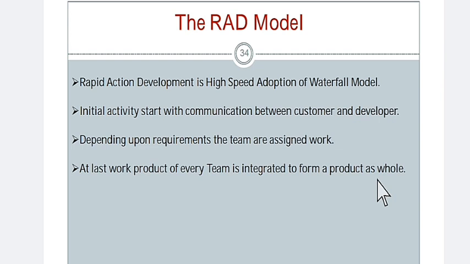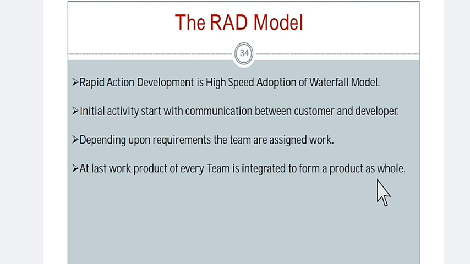Okay, so now in the RAD model, what is actually done is that the total work we have to perform in the software is divided into different modules, and these modules are given to different teams.